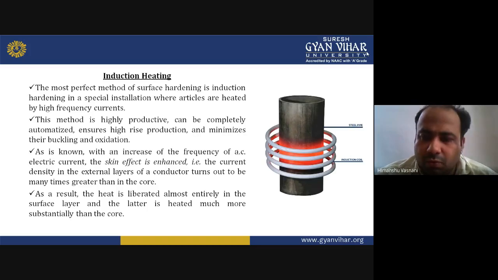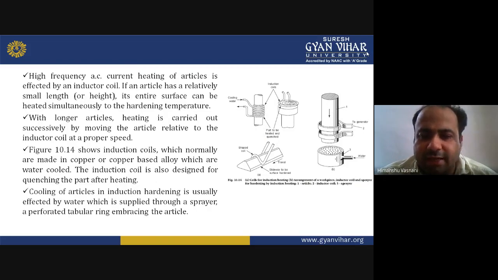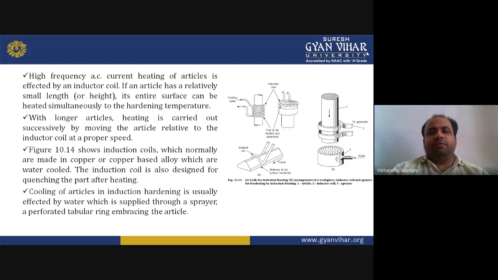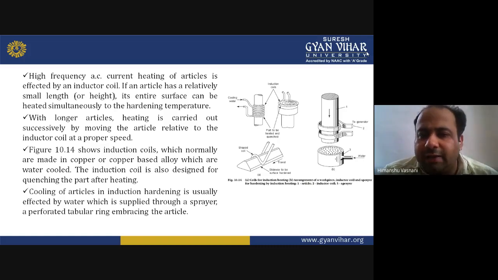If you see in this second diagram, 10.14, here also you can see a kind of induction coil, and the part to be heated and quenched is also sitting there. Then in the diagram on the right hand side, you can see a kind of generator, and you see the water below in diagram B.